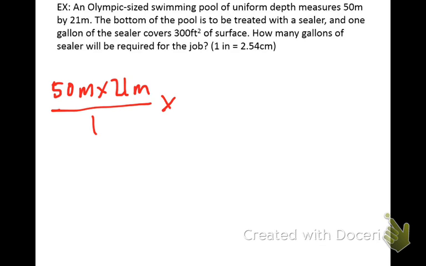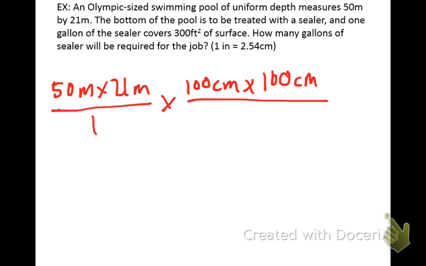Right. So to calculate a meter squared, what would I do to the centimeters? It would be 10,000. Okay, 100 times 100, right? Yes. So 100 centimeters times 100 centimeters over 1 meter squared.